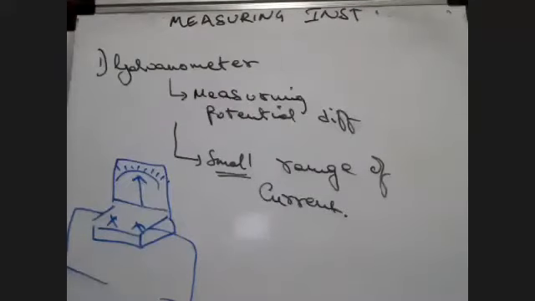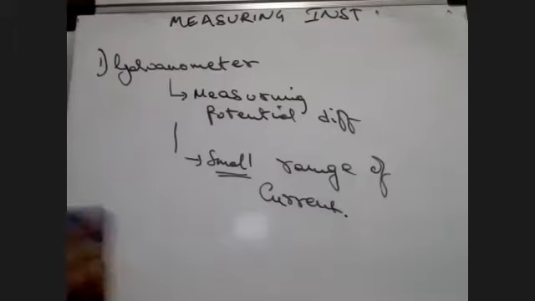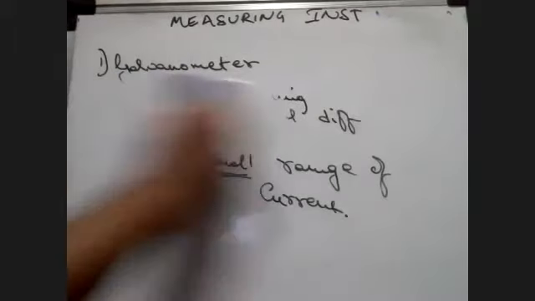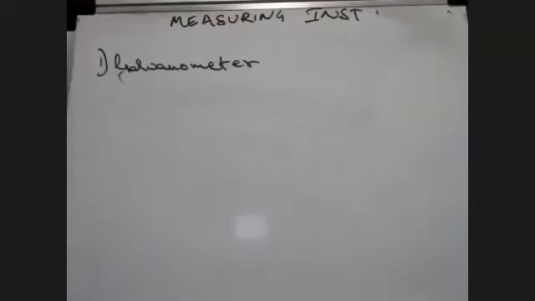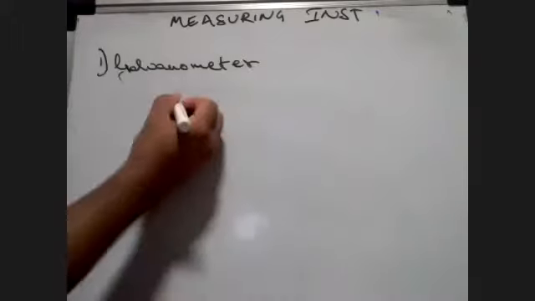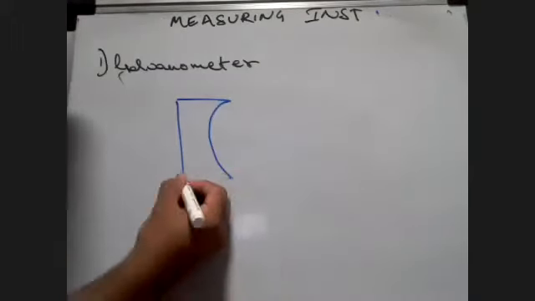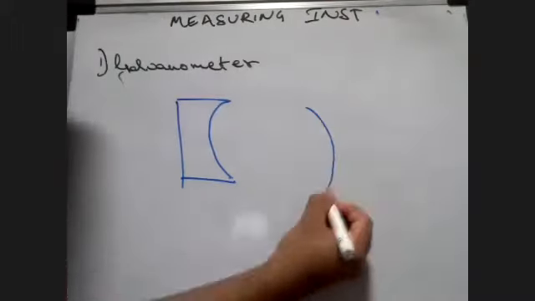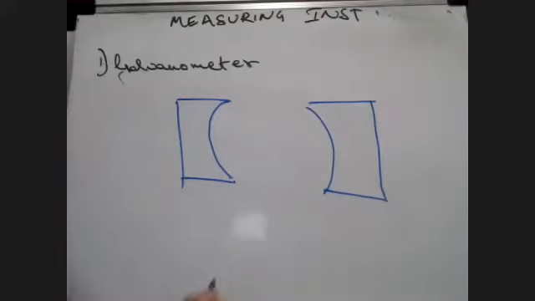And there is a way to understand how the galvanometer works, so let me give you a brief description. This is not that important, but it's good for knowing the concept. Consider two permanent magnets.